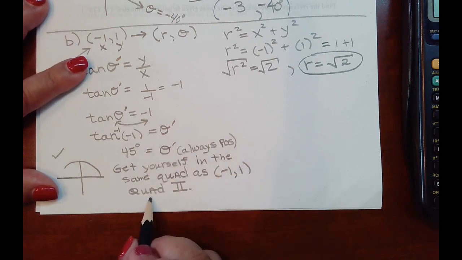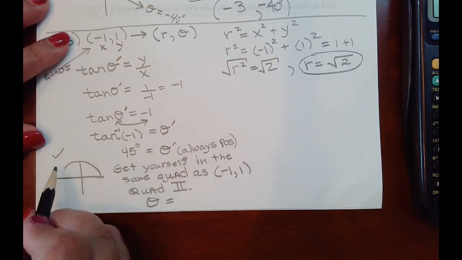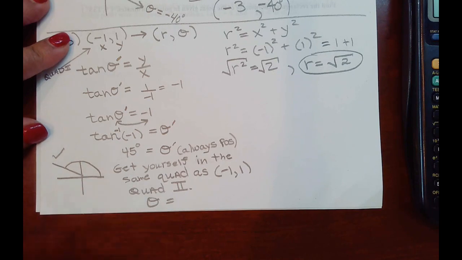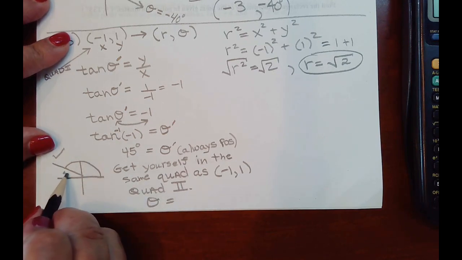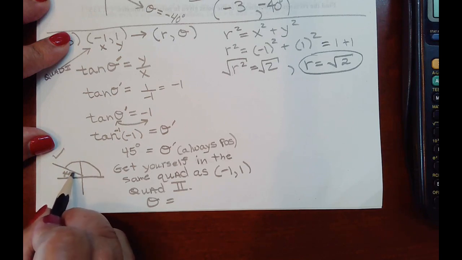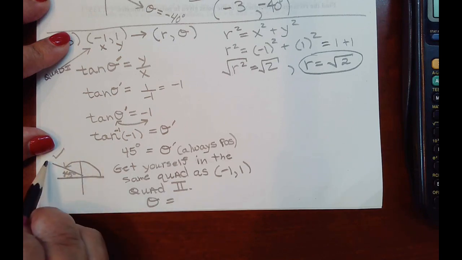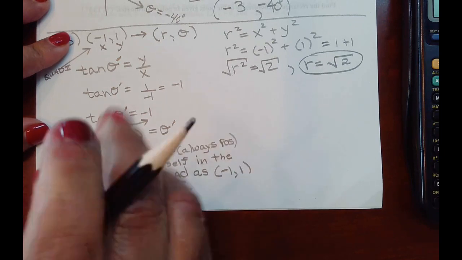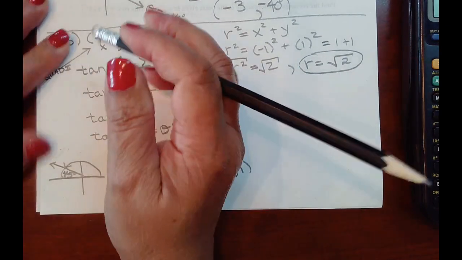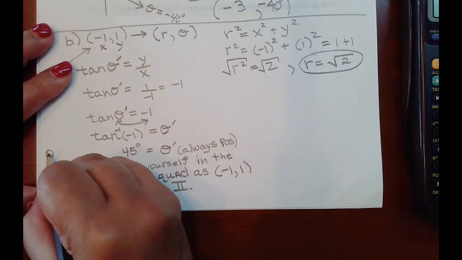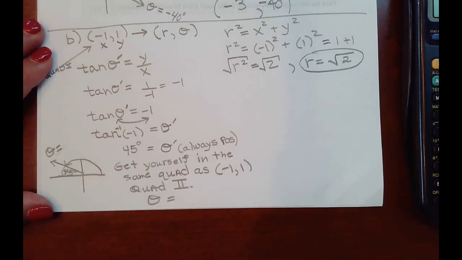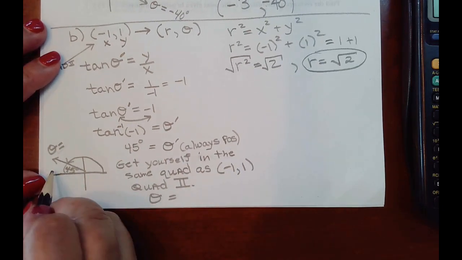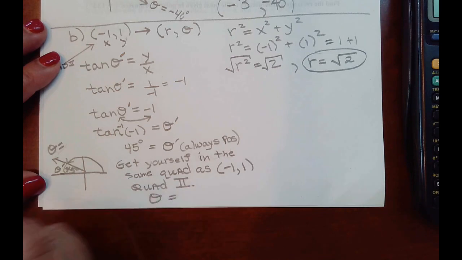It helps you get the real theta. Okay, so right here, all we know right now, because our calculator gave us this, is that the reference angle, which is always that little angle between the rotated arm and the x-axis, is 45 degrees. Well, where is this rotated arm? Because where the rotated arm is, is the actual theta, always related to the reference angle.